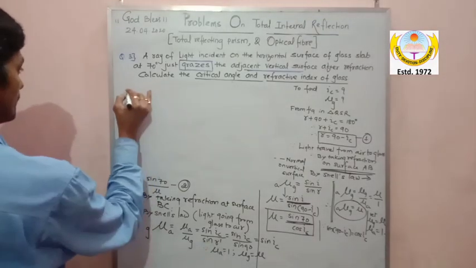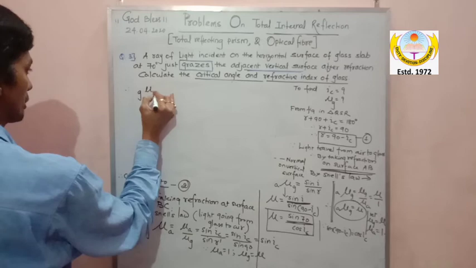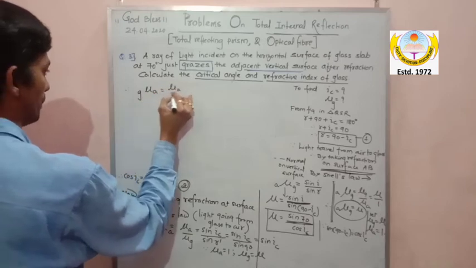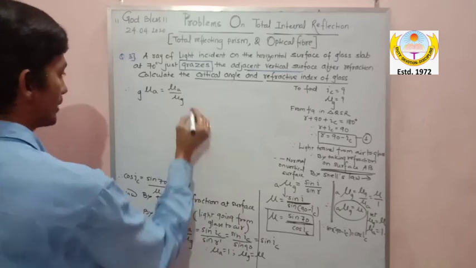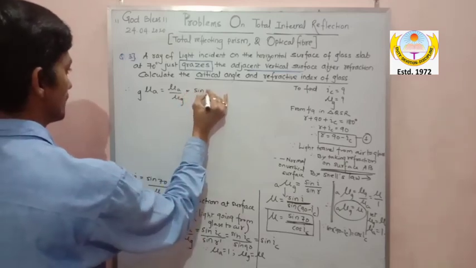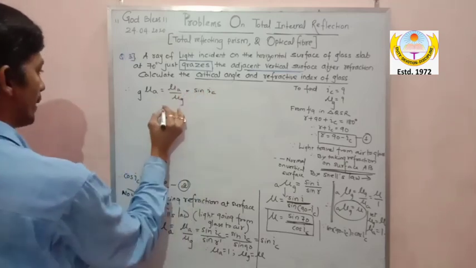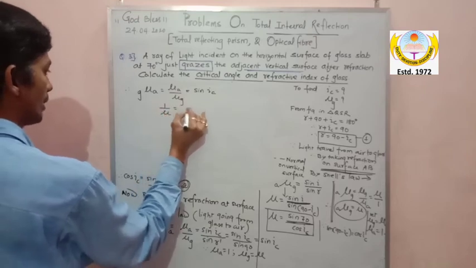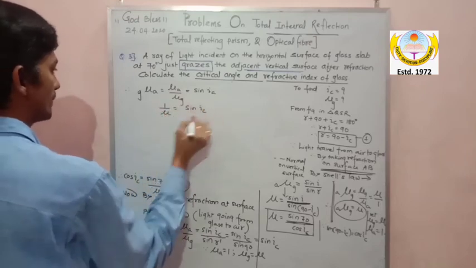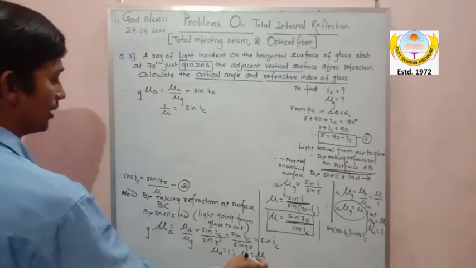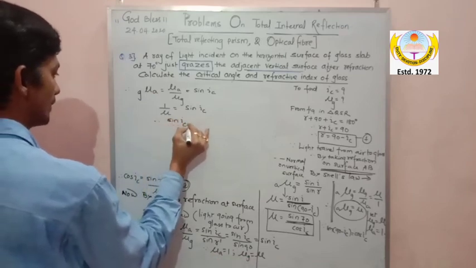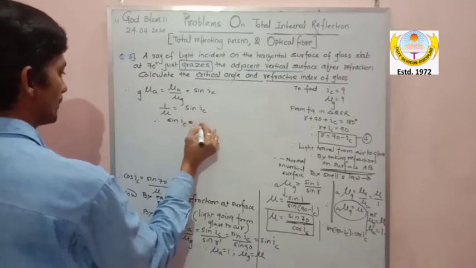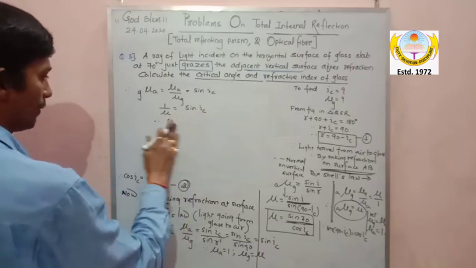Therefore, mu of glass with respect to air, which is mu A upon mu G, I got as sin IC. So 1 upon mu is equal to sin IC. Therefore, sin IC becomes 1 by mu, already given.